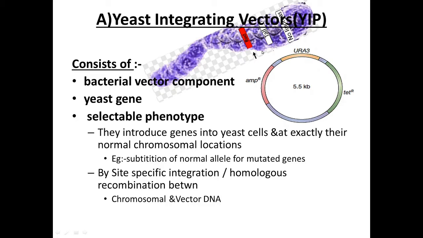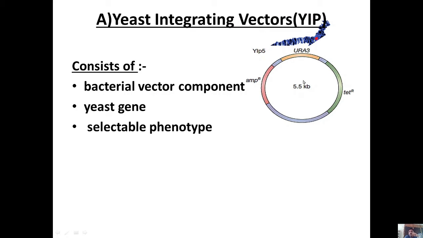It actually comprises three major components. They are bacterial vector components, yeast gene and selectable phenotype. See, this is a schematic representation of a YIP vector, and it has bacterial vector components, yeast gene, and selectable phenotypes. From here to here, this is the component of a bacterial vector.